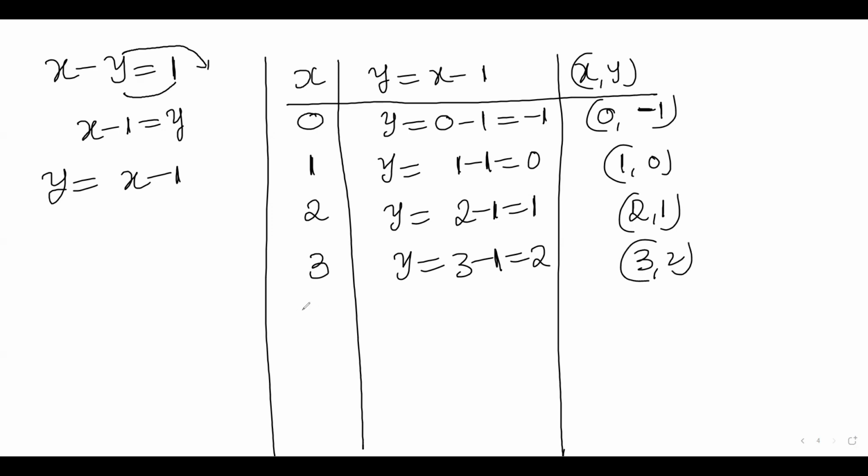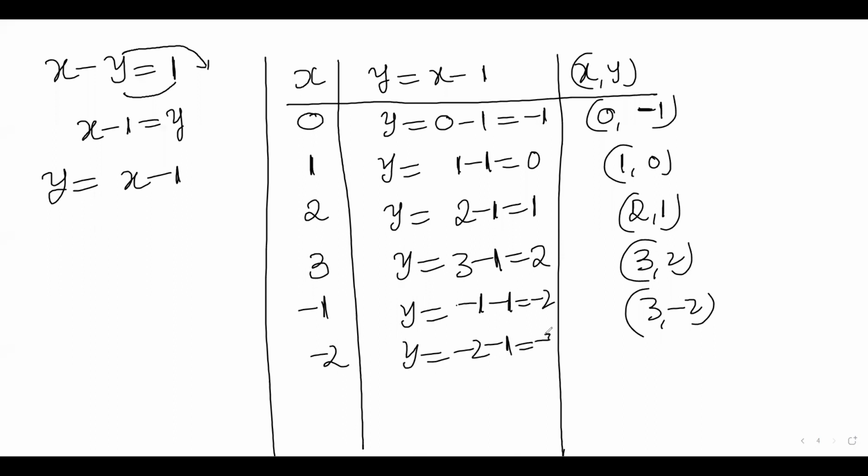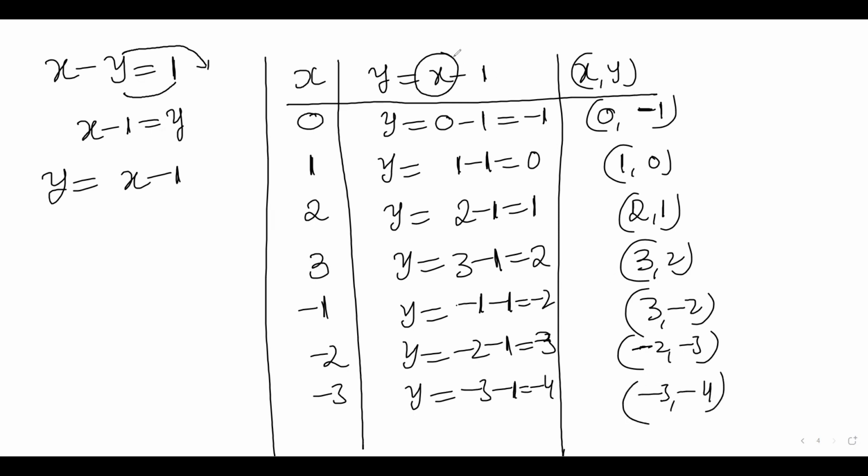3 comma 2. I am taking a negative number. -1 minus 1 is -2. -1 comma -2. I am taking one more negative number. -2 minus 1 is equal to -3. -2 comma -3. And lastly, the x value is -3. So -3 minus 1 is equal to -4. -3 comma -4.